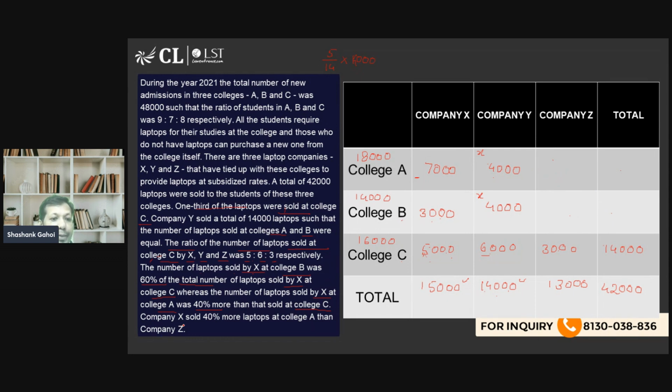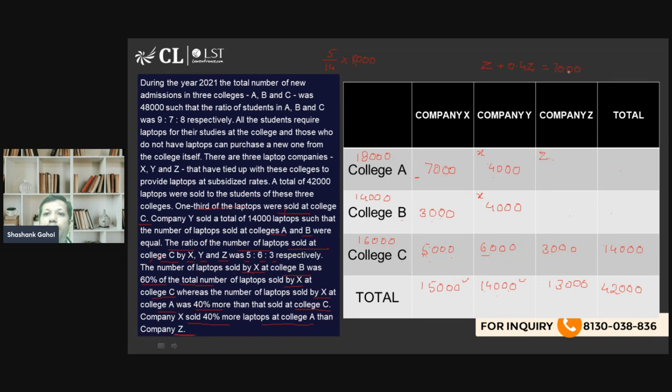Company X sold 40% more laptops at college A than company Z. So say company Z sold Z laptops in college A. Then company X sold 40% more than Z. So X sold Z plus 40% of Z, and that is equal to 7,000.